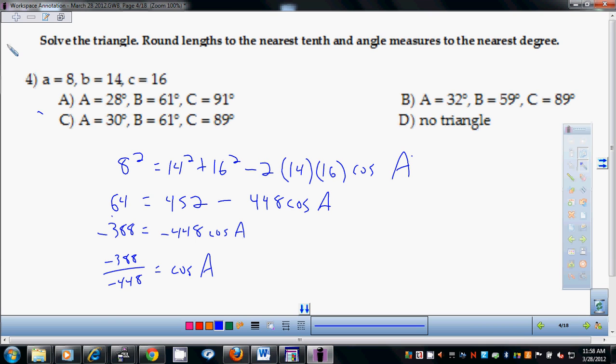Yes. 30 even? So which one is that? I reckon that'd be C, of that fraction. Yes, sir.